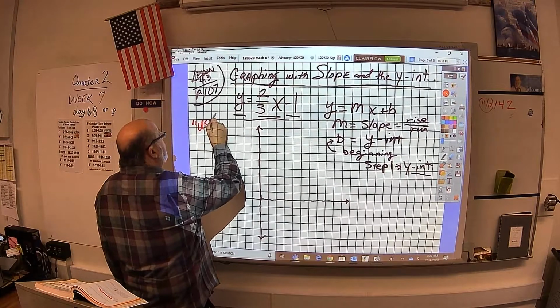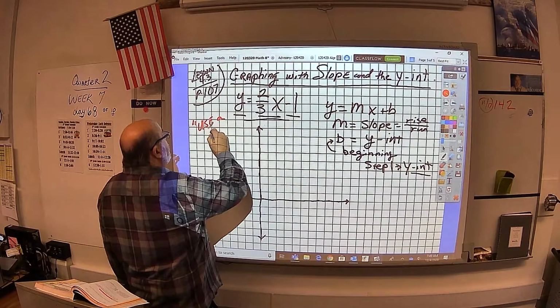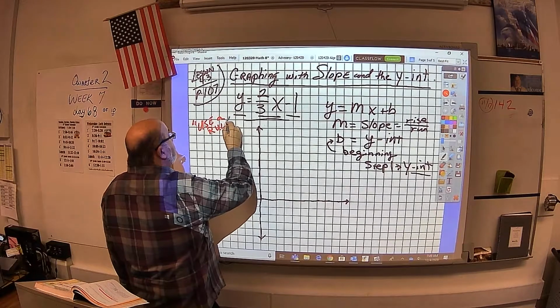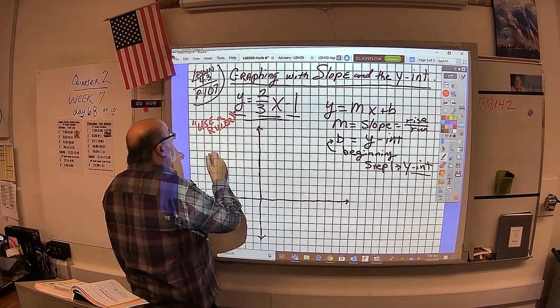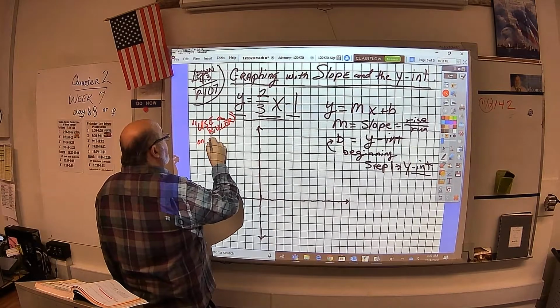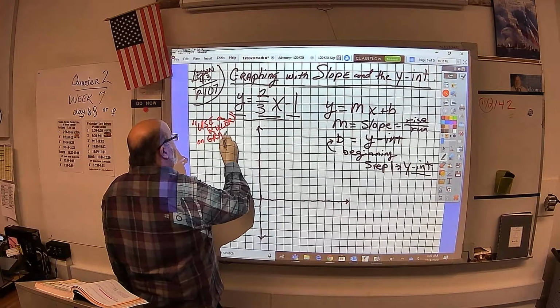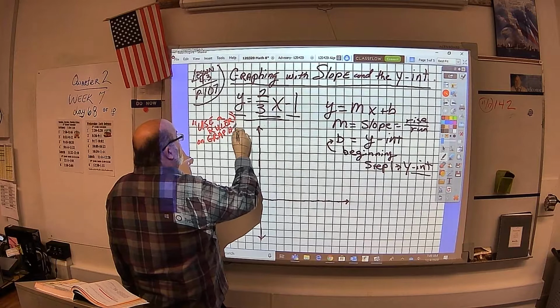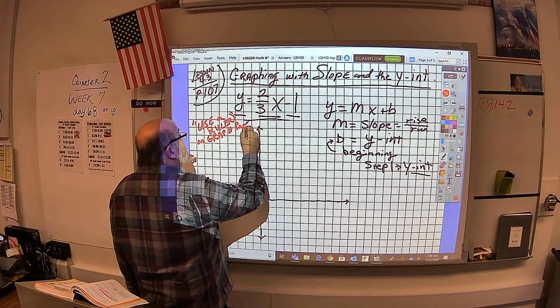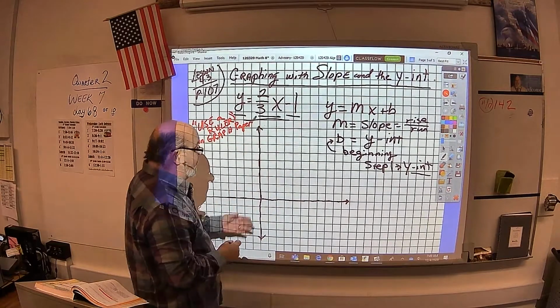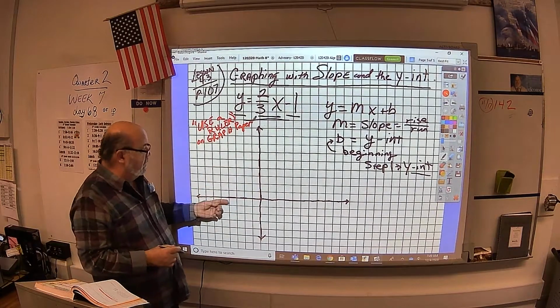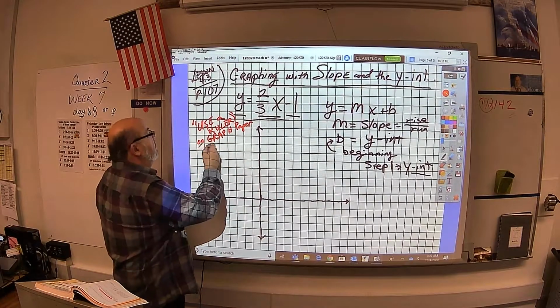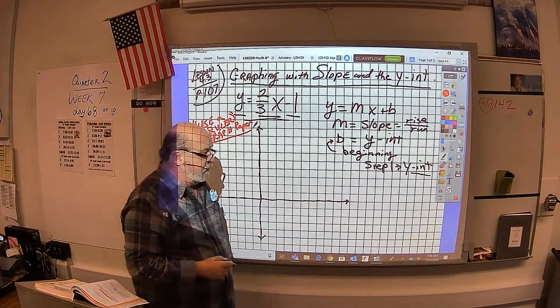Use a ruler on graph paper. Why? Because it looks even better than this. I mean, you can see this is a little bit swimmy and a little bit swimmy. Put that in your notebooks.